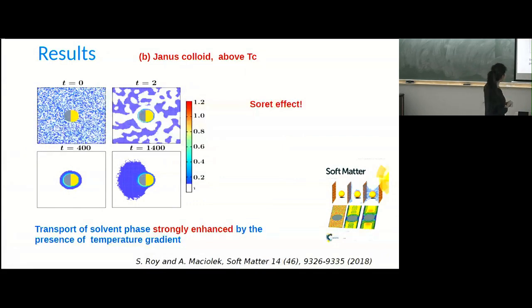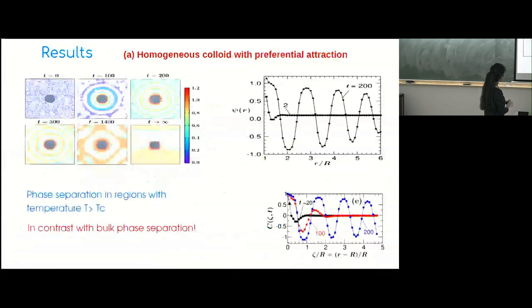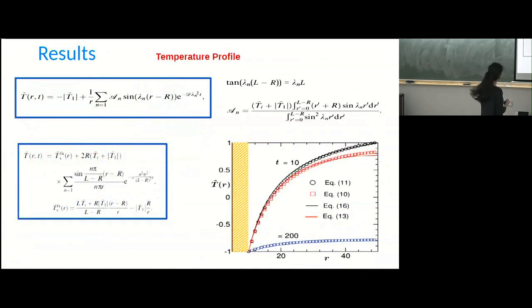So if you have Janus, of course the temperature will differ. Here the symbols correspond to the numerical data. Just ignore the red curve and look at the black curve.